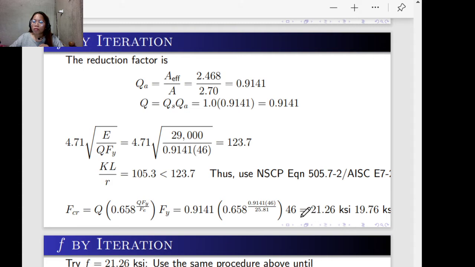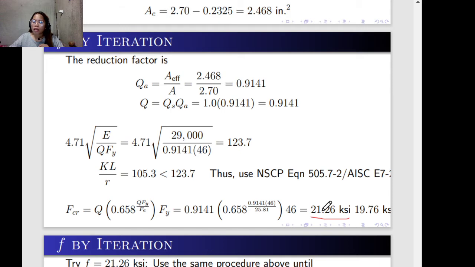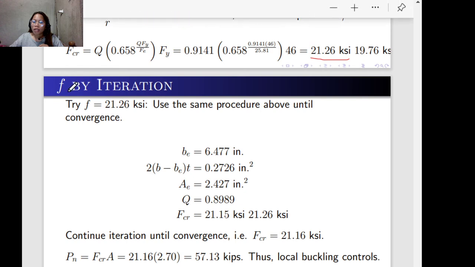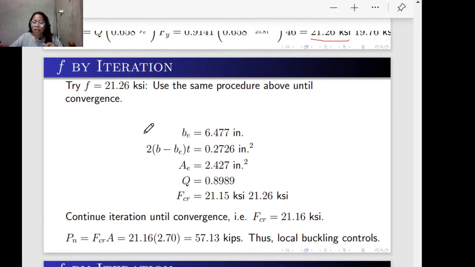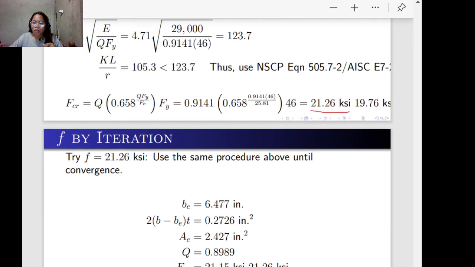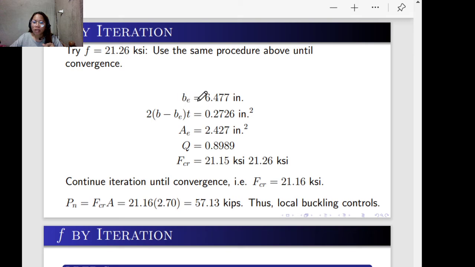After we obtain this FCR, use it as Fy. So by iteration, use the same procedure above until convergence. Convergence means until they match. Like, you try f equal to 21.26, what we got earlier. Then using the same procedure, we get B sub E, the effective width, which is 6.477.